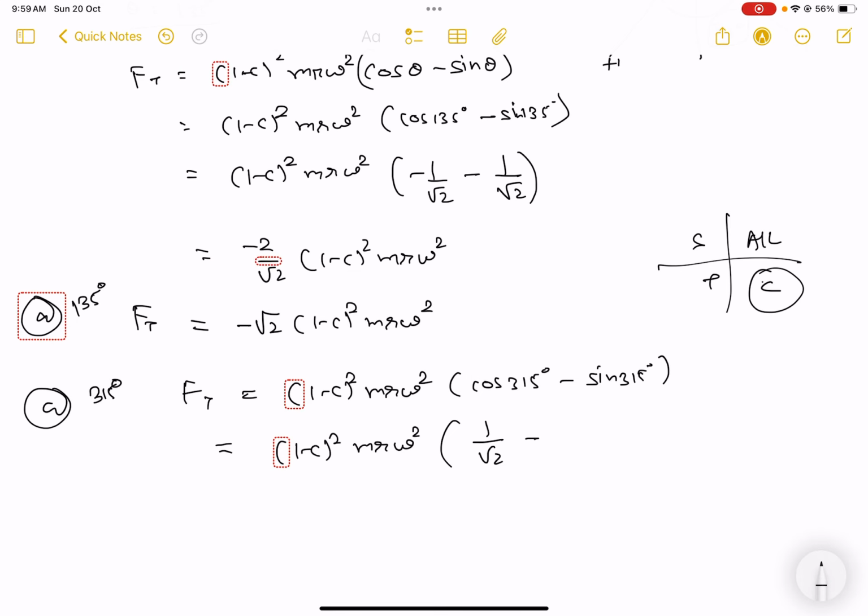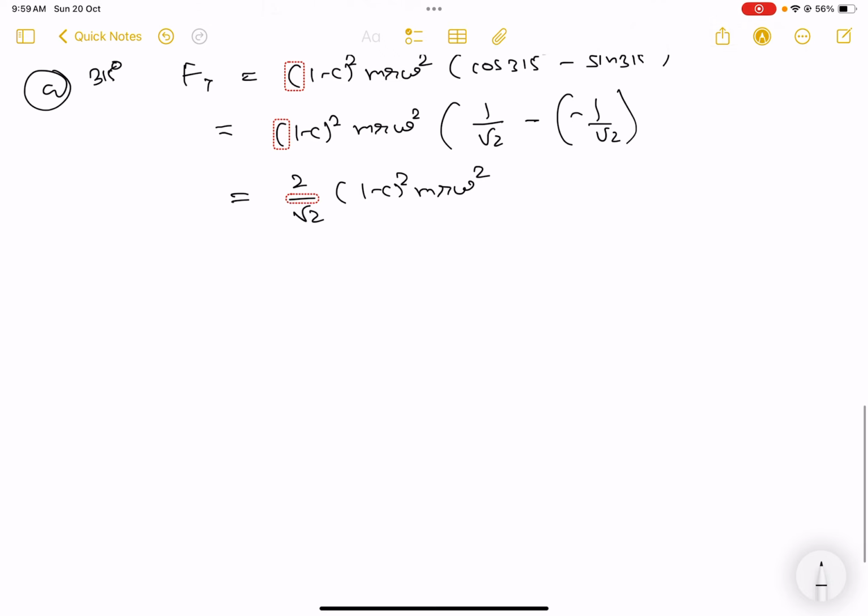Sin will be negative in the fourth quadrant, so this will be minus 1 upon root 2. So minus and minus gives plus: 1 upon root 2 plus 1 upon root 2 will be 2 upon root 2. Finally, this will be plus root 2 (1 minus c) square mr omega square.